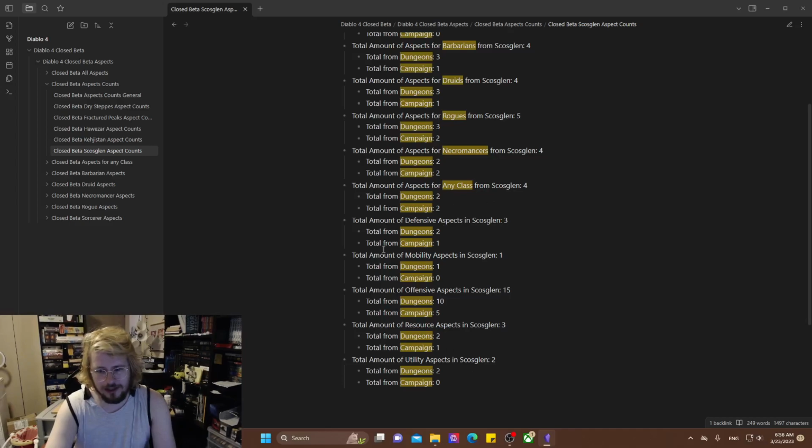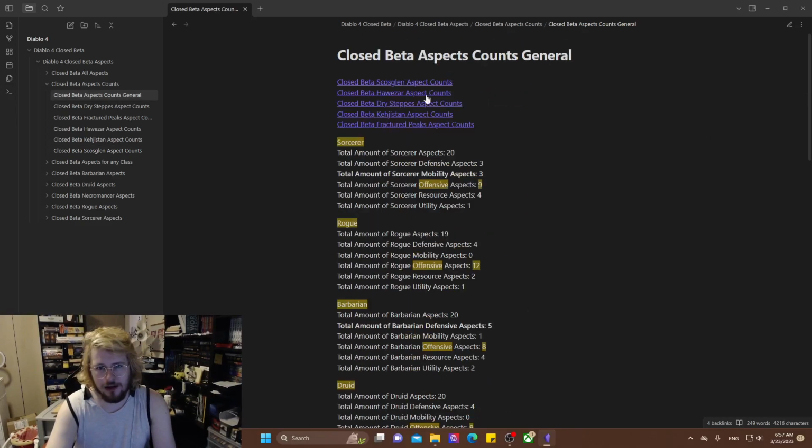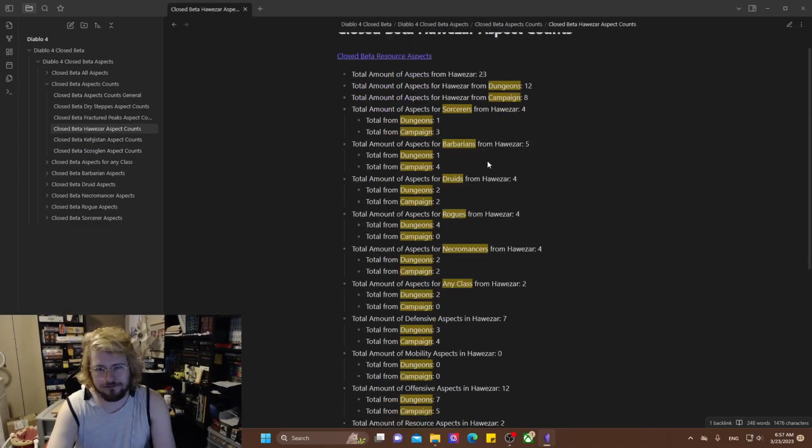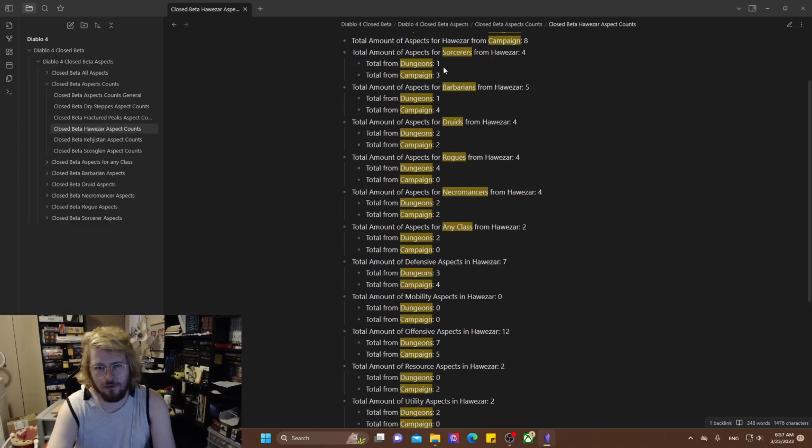And then obviously we already went through the defensive, the mobility, offensive, and resource. A majority of them come from dungeons, while a few of them come from the campaign. And then for Hawazar, sorcerer has 4, 1 from the dungeon and 3 from campaign.